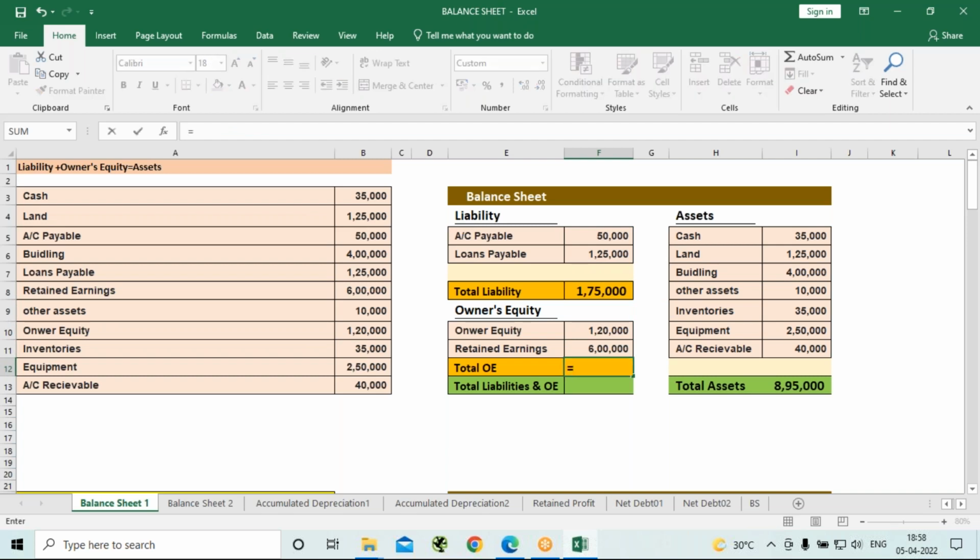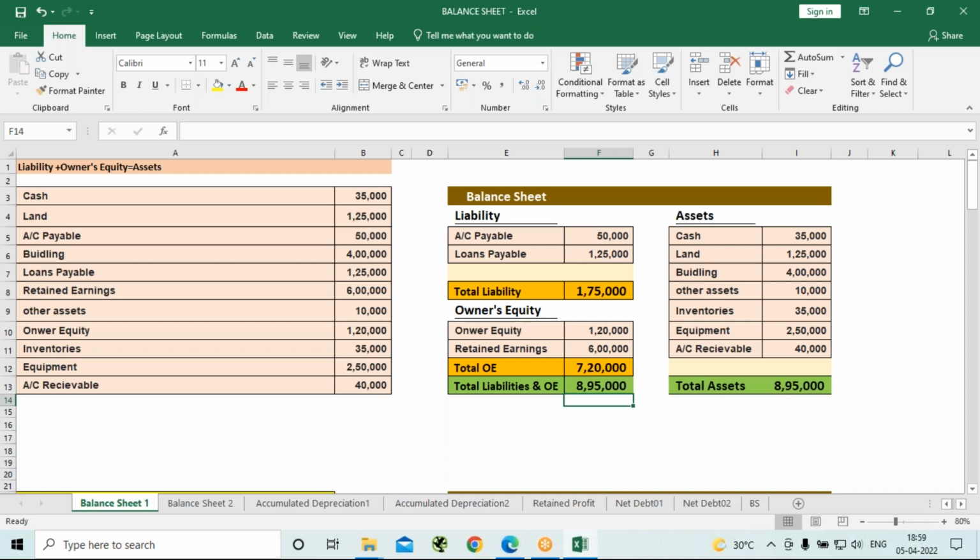So total owner's equity will be, and the total liabilities plus owner's equity equals liability plus owner's equity, which gives you the same value as the total assets value.